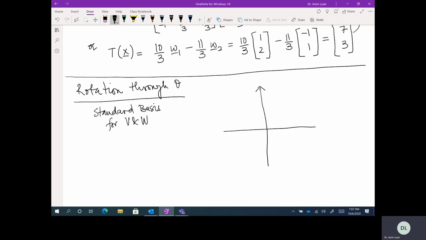So this is X, this is Y. This one vector was 1 and 0. This vector somewhere over here is 0, 1. This angle is theta.